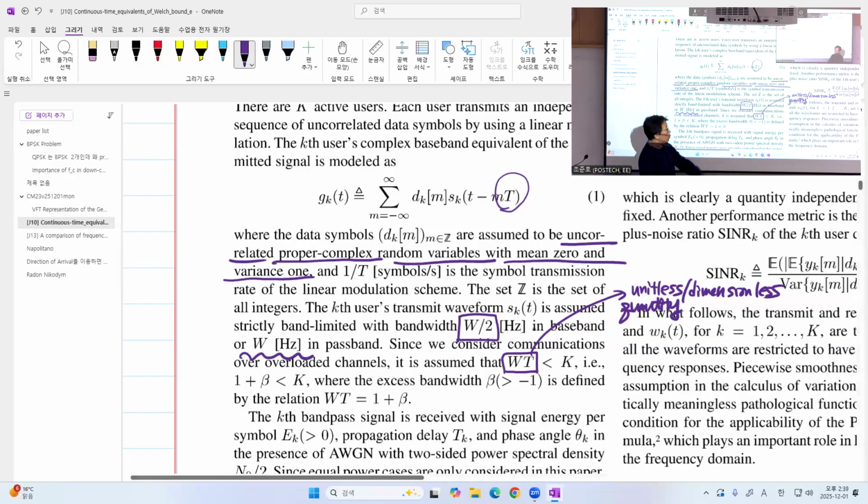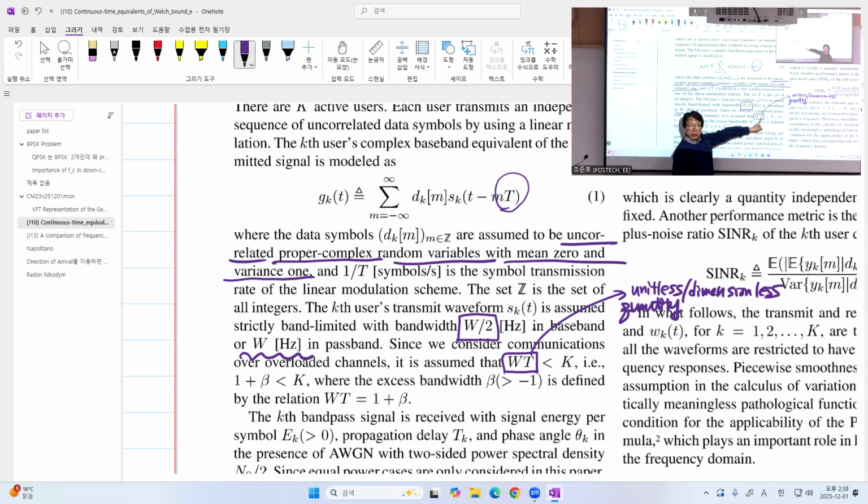Why? Because if you consider a single stream, what is the minimum bandwidth required to have zero intersymbol interference in the signal? Your system bandwidth or signal bandwidth of the transmit pulse or overall received pulse must have what?